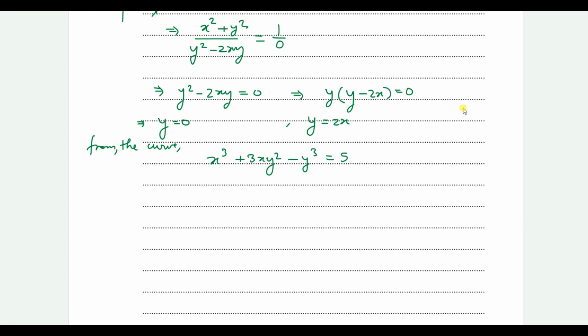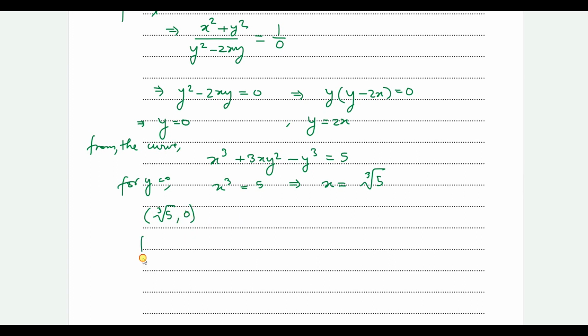Now for y is equal to 0, it is x cube is equal to 5, hence x will be cube root of 5. So one point is going to be cube root of 5 comma 0.